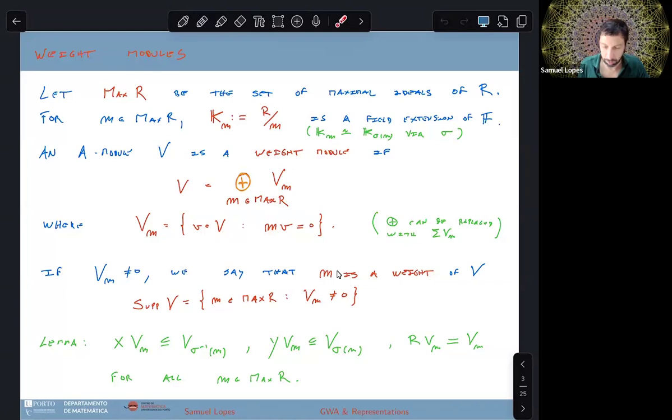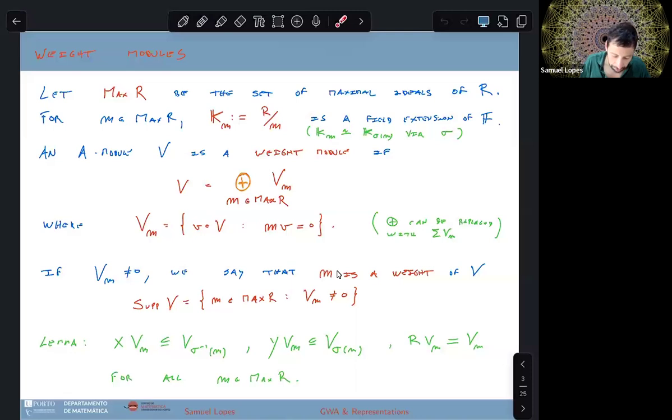This is not the same thing as saying that something is diagonalizable, because now we're in a more abstract setting, but that's kind of the philosophy. If I look at a certain weight space, it is possible in general that some of these V_M might be zero.